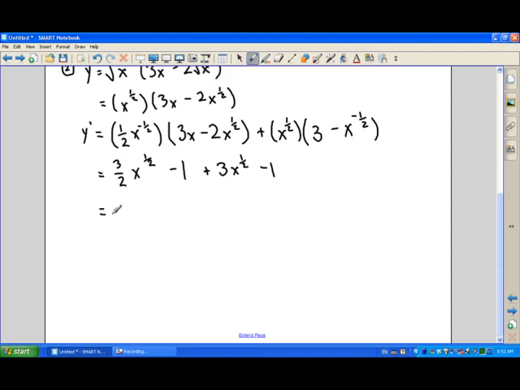And then gathering up all my like terms, I end up with 9/2 x to the 1/2 minus 2, or in proper form, 9/2 times the square root of x minus 2.